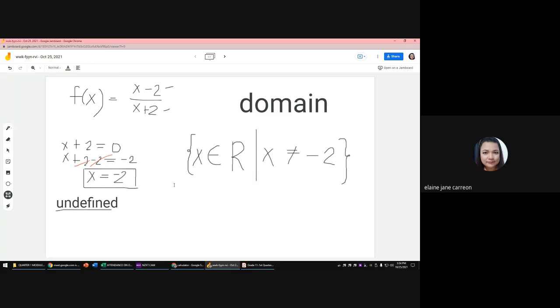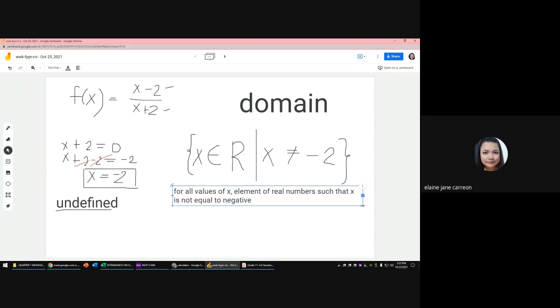So, ganito siya babasahin. For all values of x, element of R means real numbers, element of real numbers, such that x is not equal to -2. Okay? So, ganyan siya babasahin.